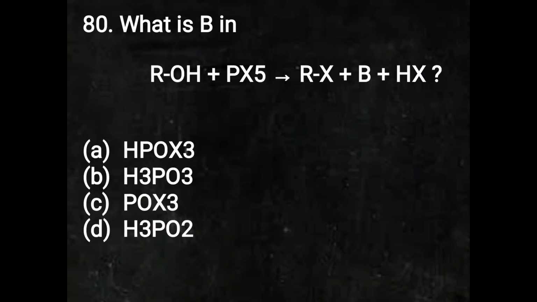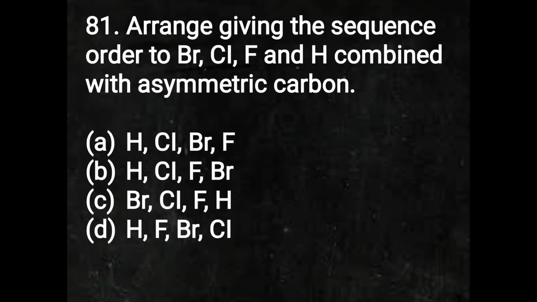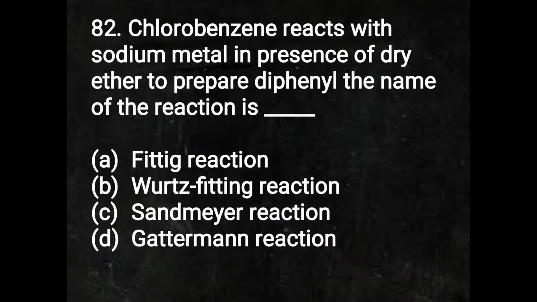What is B in this reaction? Option C. Arrange giving the sequence order of bromine, chlorine, fluorine and hydrogen combined with asymmetric carbon. Option C is the correct option.